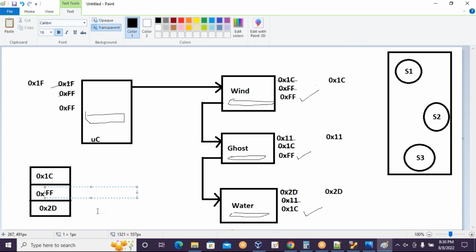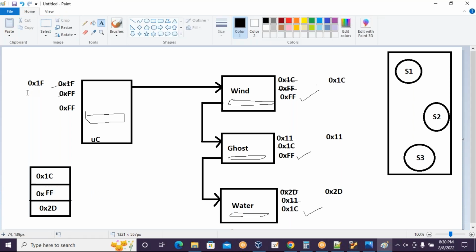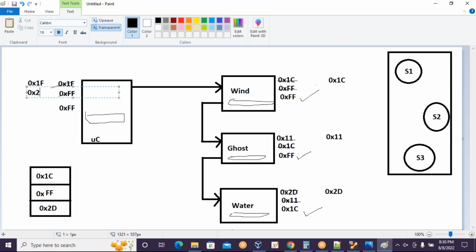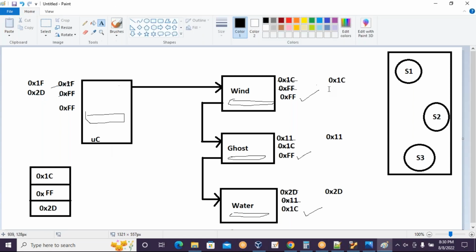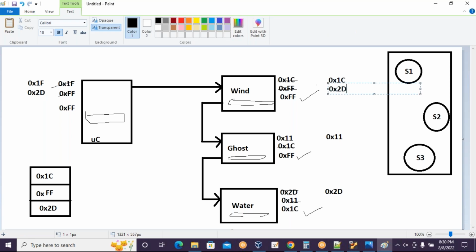Now, instead of writing this data from the start, I write it from the end. So first I will go to the master and write 0x2d. Whatever I write in the master comes to slave 1. So 0x2d comes to slave 1. Then whatever was in slave 1 comes to slave 2, which is 0x1c. Whatever is in slave 2 comes to slave 3, which is 0x11.